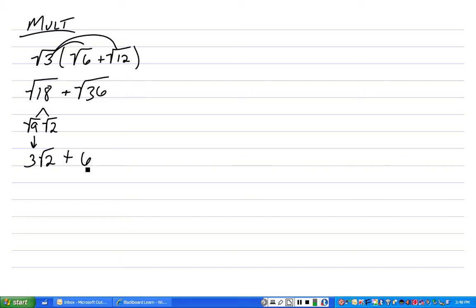Let's say we had a cube root: cube root of 2 times the quantity 5 cube root of 4 minus 3 cube root of 16.